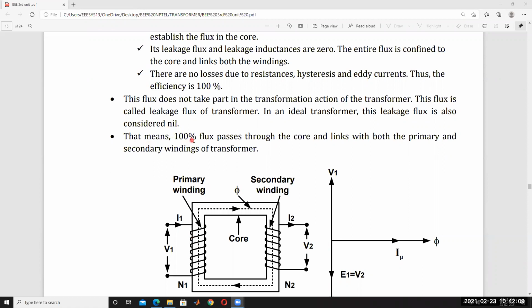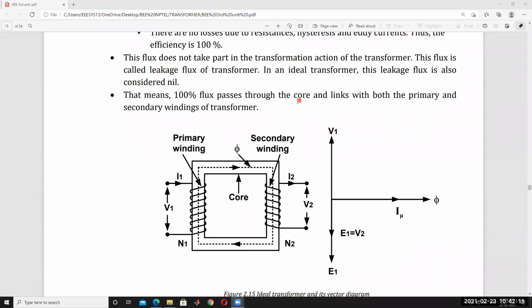That means 100% of the flux passes through the core and links with both the primary and secondary windings of the transformer. This is the ideal transformer, as opposed to the practical transformer.